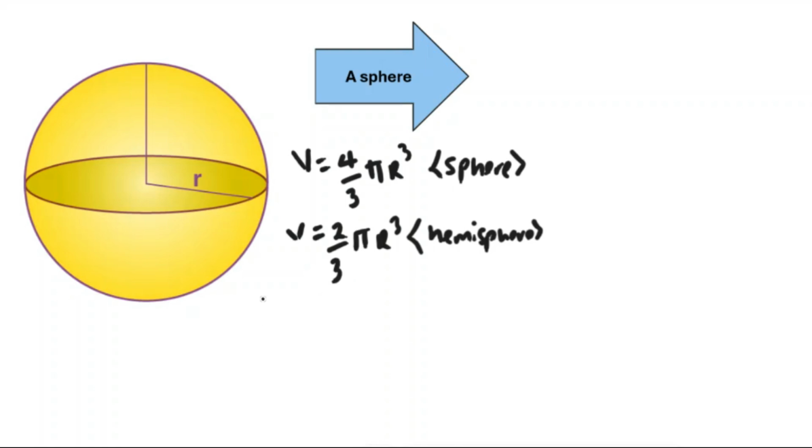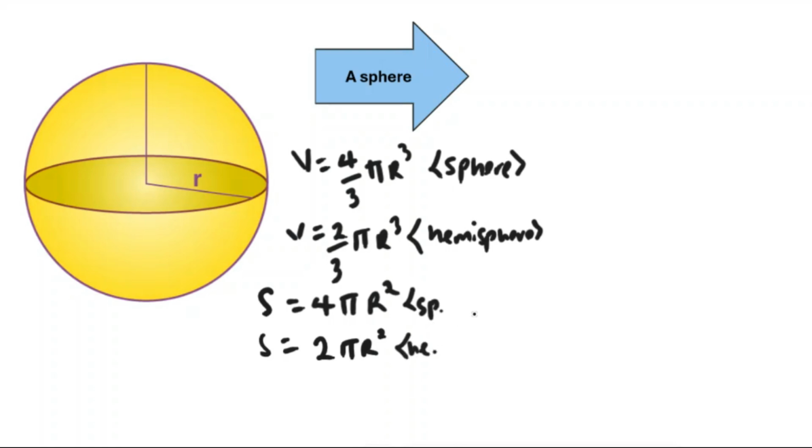For surface area, a sphere is defined by the formula 4 pi r squared, while the surface area of a hemisphere will be 2 pi r squared. So this is for sphere, this for hemisphere. But basically, the first formula is what we need.